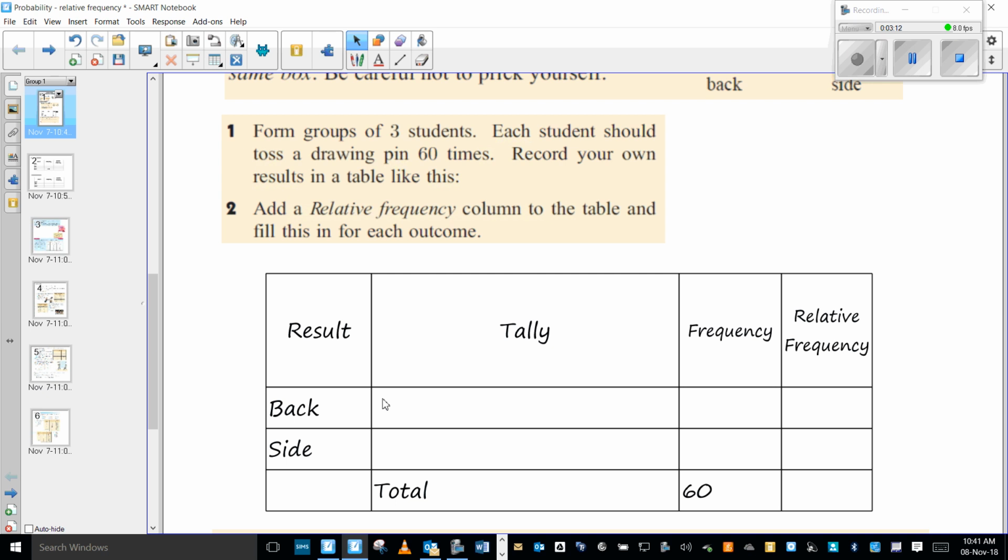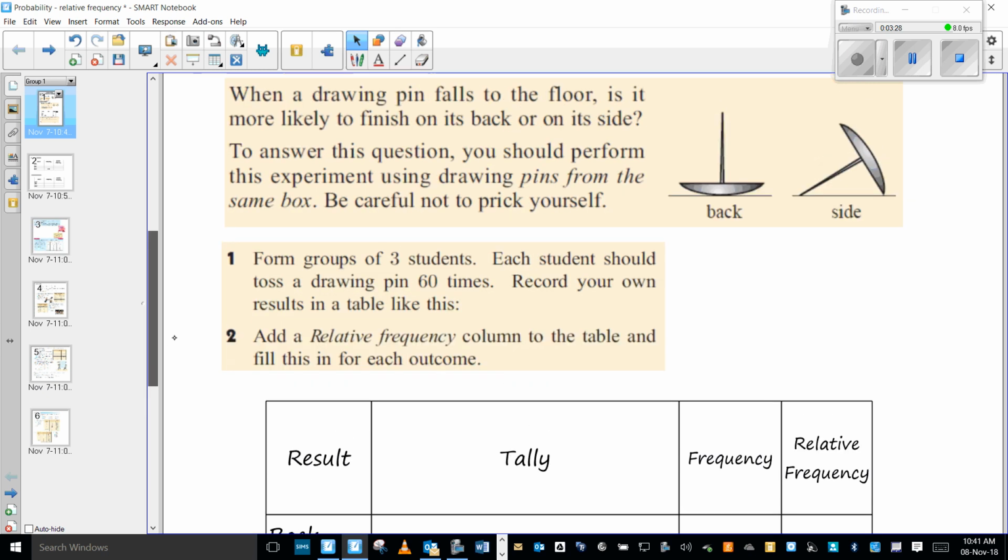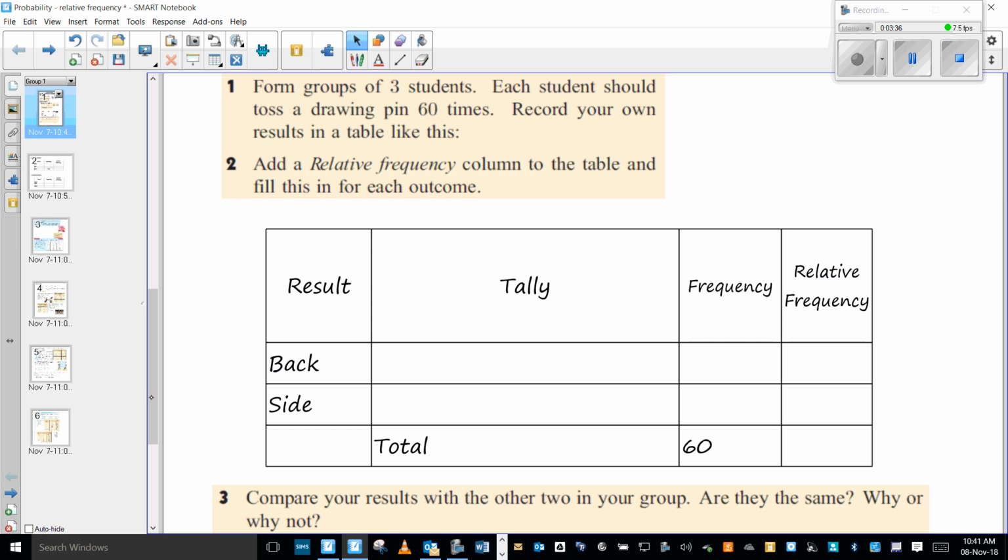Just hold it so it doesn't fall off of the table. Alright, so you're going to drop it and you're going to see, does it land flat, on its back, or on its side? And you're going to tally each time it does it. So you can tally back or tally side depending on where it lands.